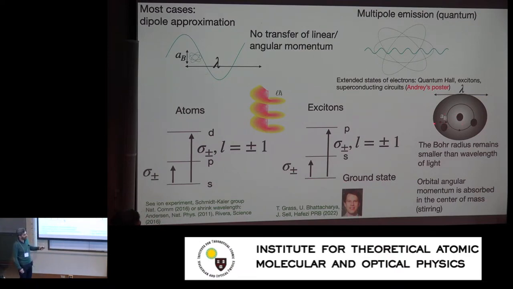The reason is that again the Bohr radius of this exciton is small. So the angular momentum that I'm imparting with light would go to the center of mass, not the relative coordinate. So you can basically think of it that you shine light with a vortex and it would start steering these excitons. This is the same in cold atoms. You can have a condensate, you shine light with orbital angular momentum, and then you can steer the condensate.